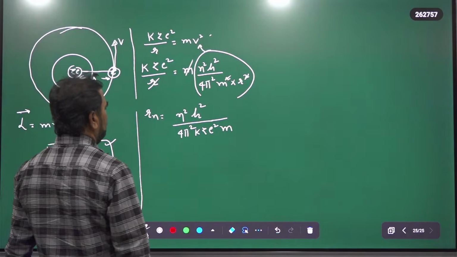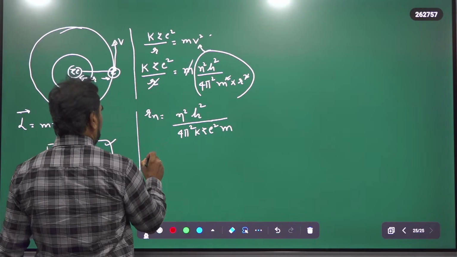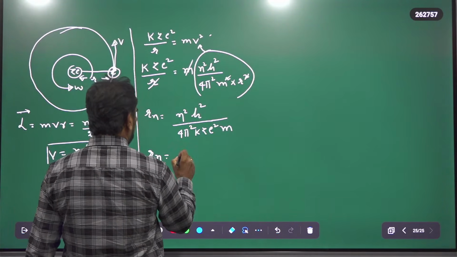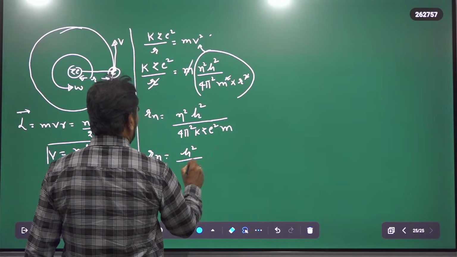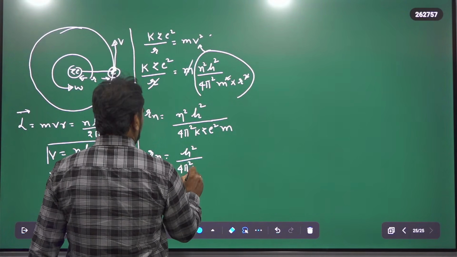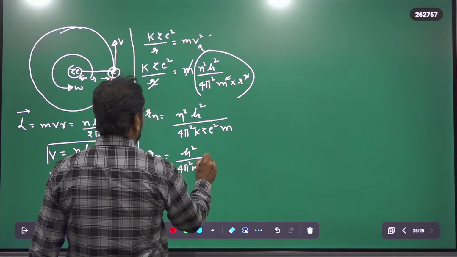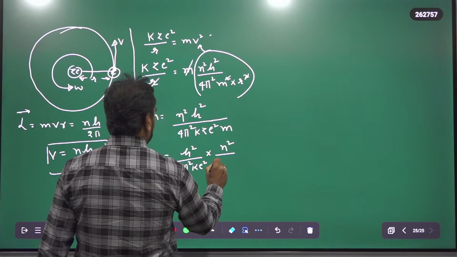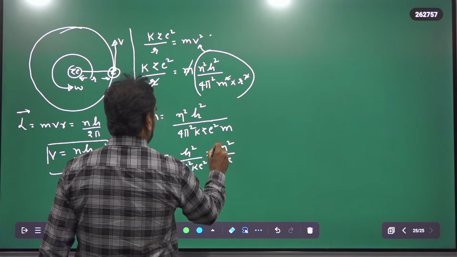So from this, Rn is equal to h square upon 4 pi square k e square into n square upon mZ. Is it clear?